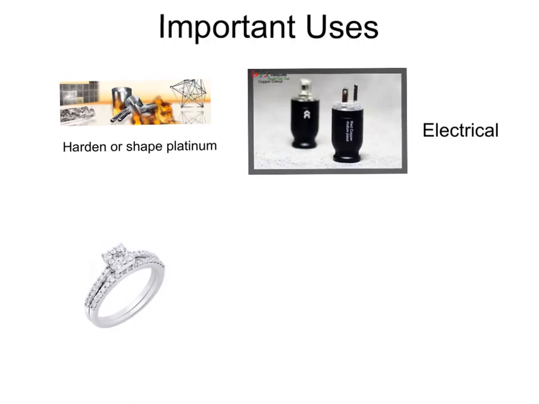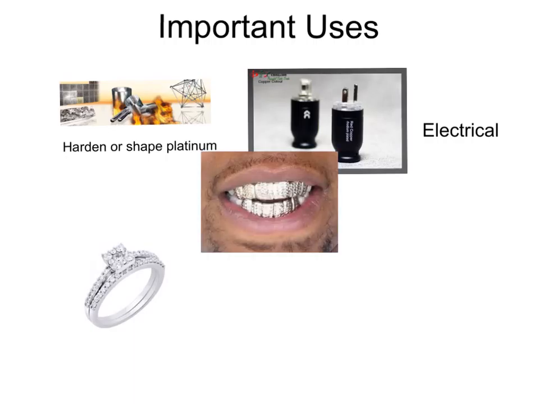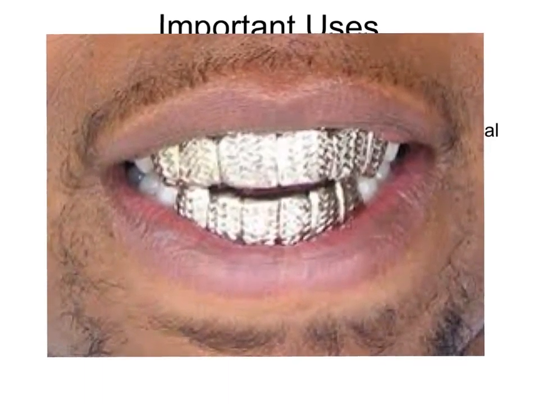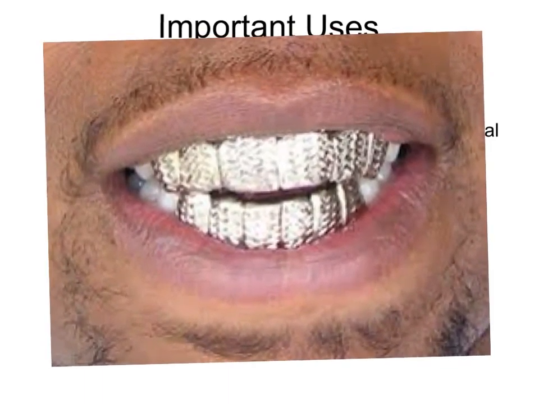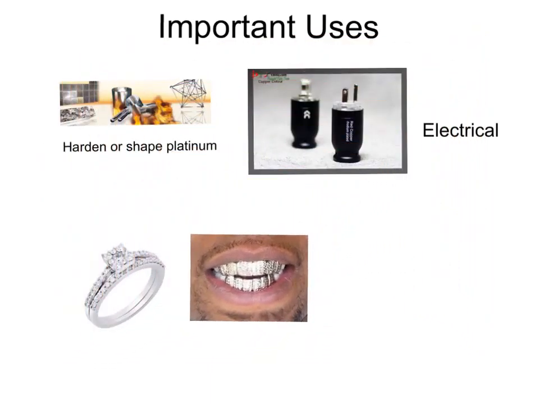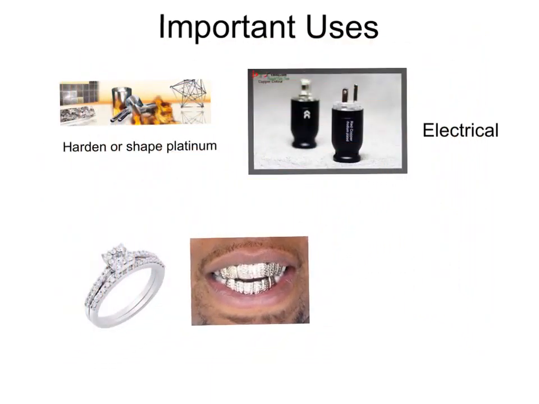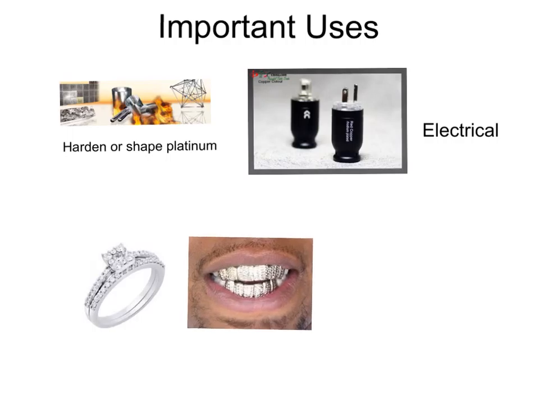And the next picture that I will bring up is catalyzed. And it's a grill. A grill is like you put this outer coating of metal on your teeth for your own personal wish. And so yeah, catalyzed. And the last is for decoration.